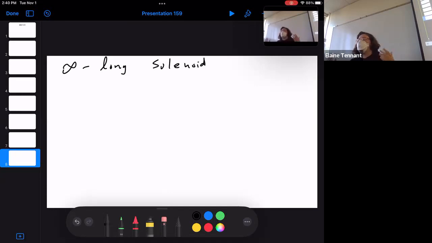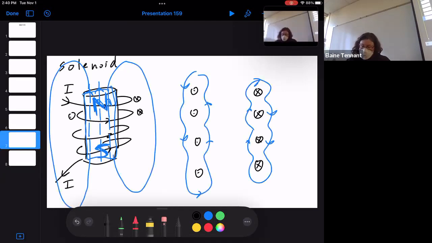And you might ask, why would you want an infinitely long solenoid? And I would tell you that if this solenoid is infinitely long, that it goes on forever, can this magnetic field ever get out of my solenoid? No, I have trapped it inside my solenoid.